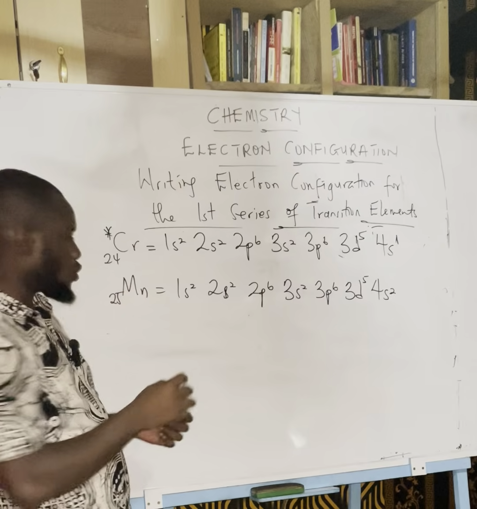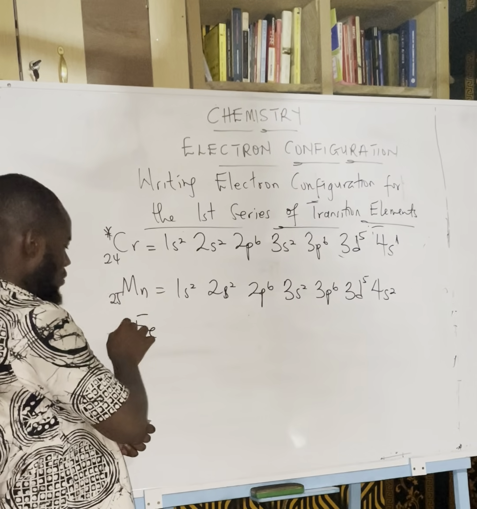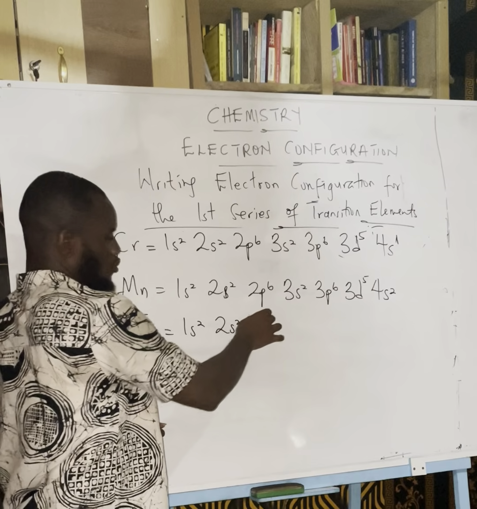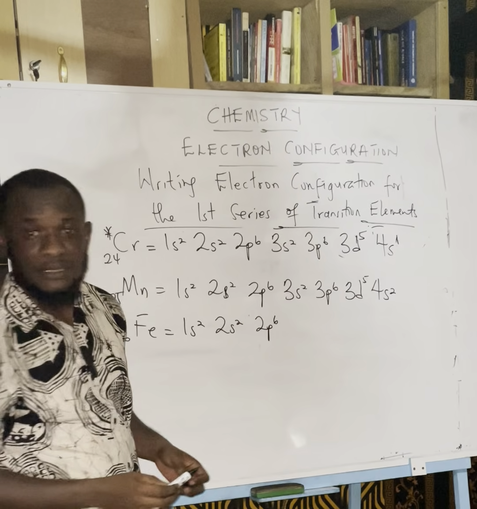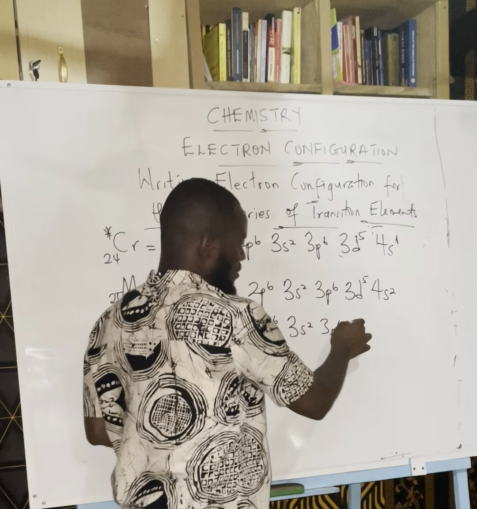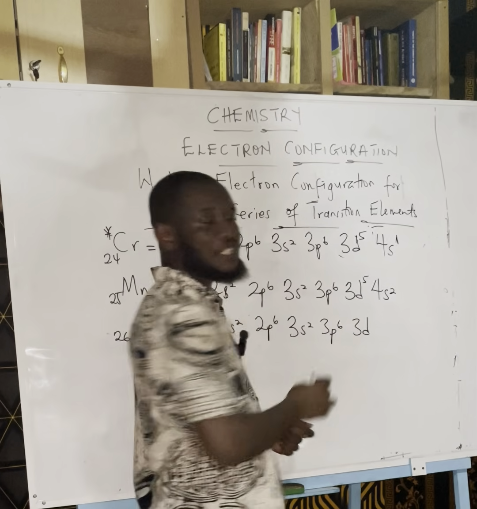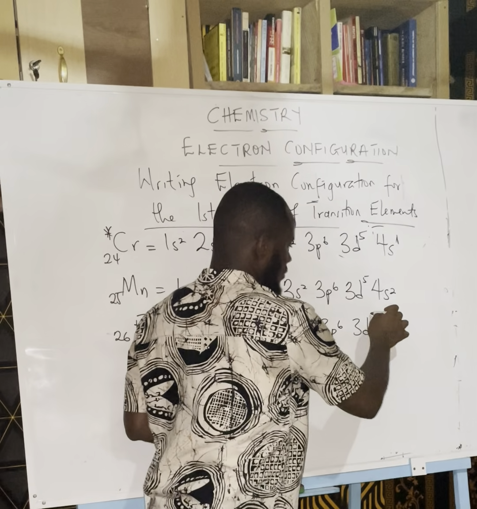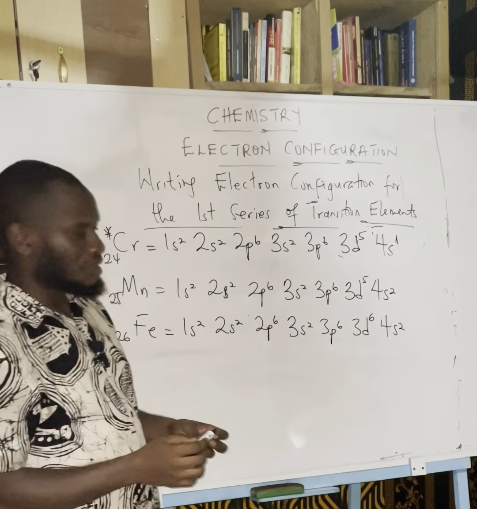Then from manganese, we come to iron. This is 26. 1s2, 2s2, 2p6. This is 3s2, 3p6. Write your 3d, don't fill it. Your 4s2, now 3d6.